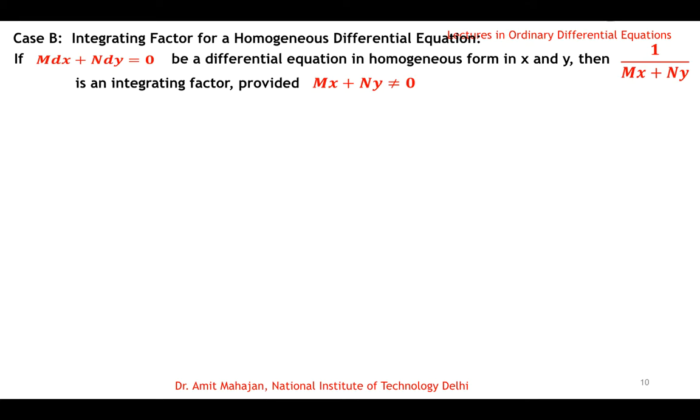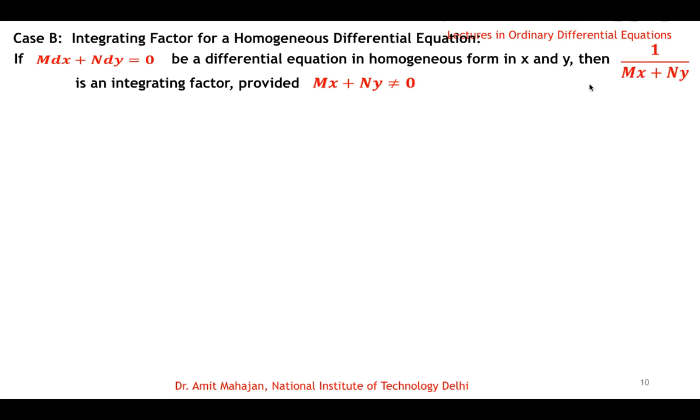The second possibility is that if you are given a differential equation which is not exact but it is in the homogeneous form. Okay, so if you are having a homogeneous differential equation which is not exact written in the form mdx plus ndy is equal to 0, then 1 over mx plus ny is an integrating factor provided the denominator is non-zero.